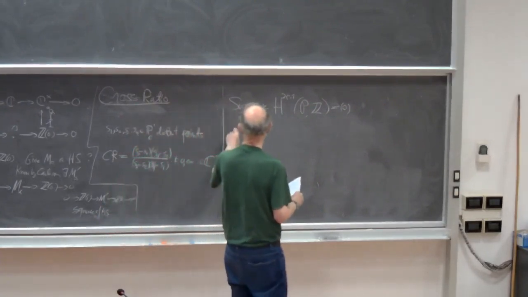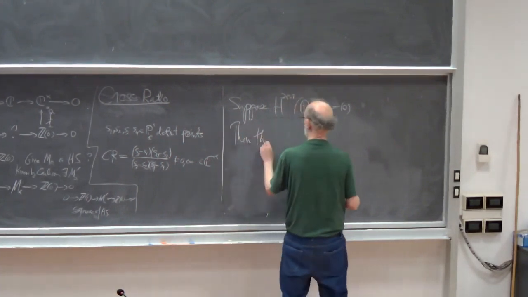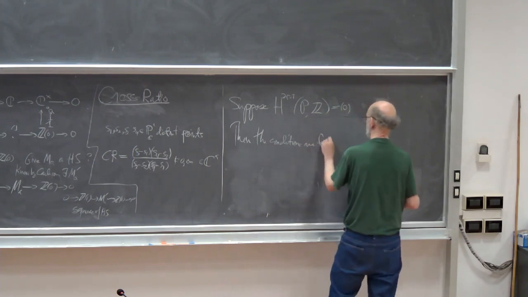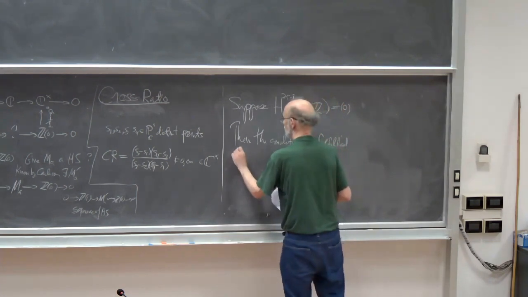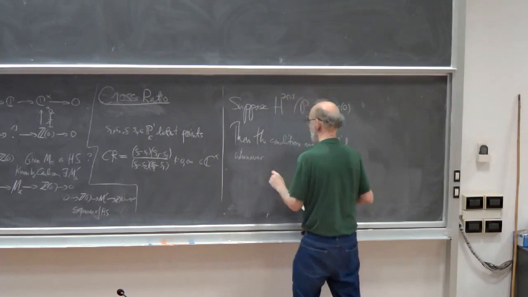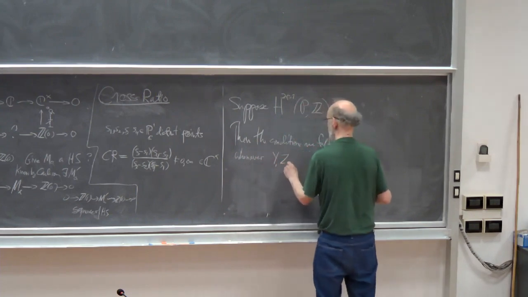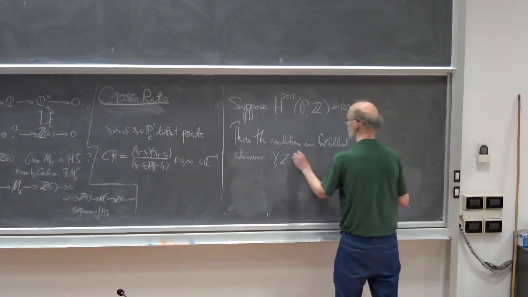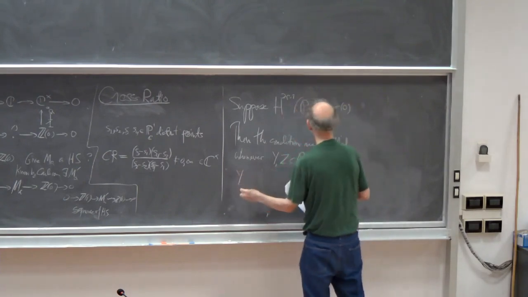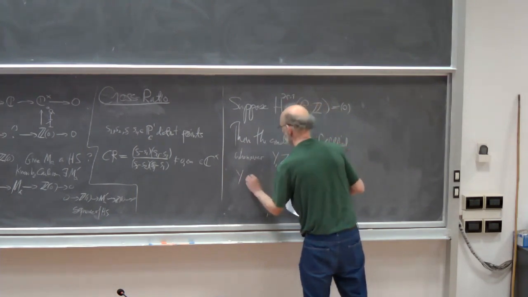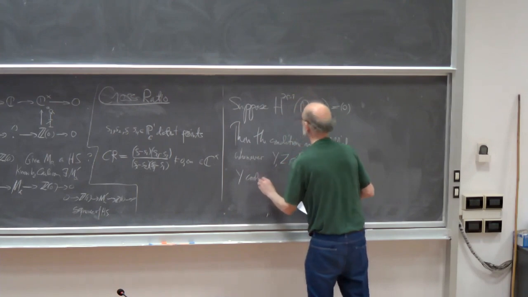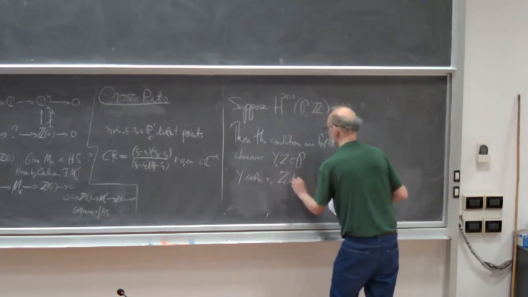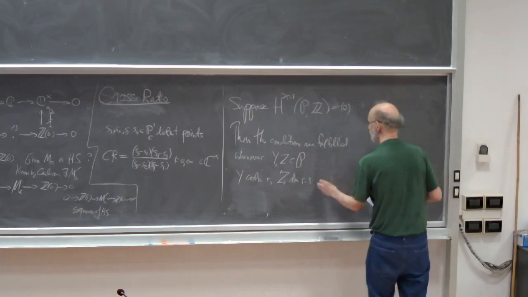Then the conditions are fulfilled whenever we have Y and Z contained in P, Y of codimension R and Z of dimension R minus 1, as above.